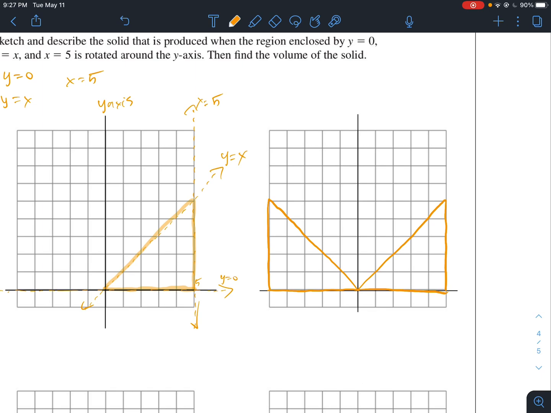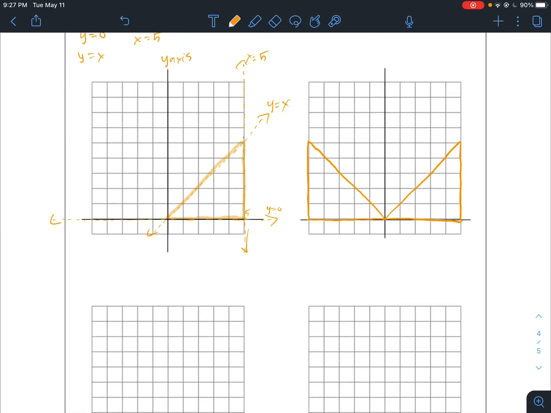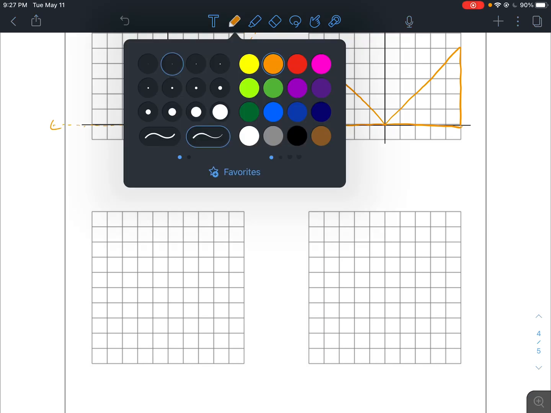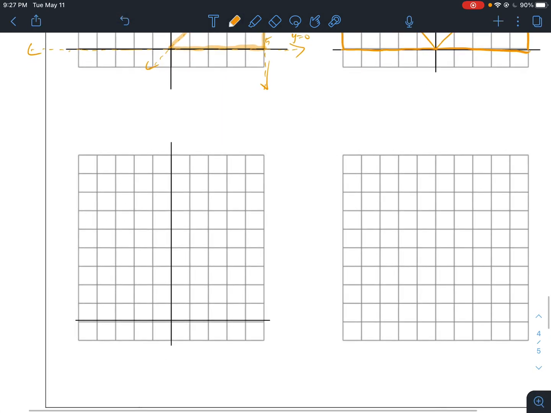Okay. Now, if you want to just keep going, just see what it would look like whenever you revolve it, okay? So I'll go ahead and keep going through a process of what the revolution would look like step by step. Okay, so let's see.